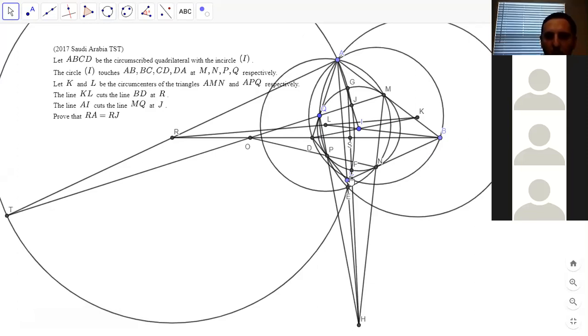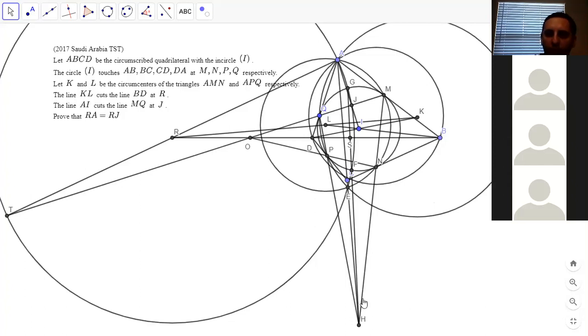Basically, we want to show H, F, S, G are in harmonic conjugation. Which points did you say harmonic conjugation?